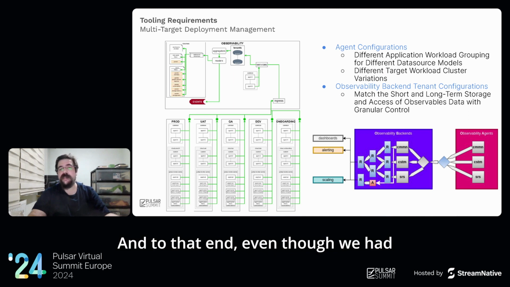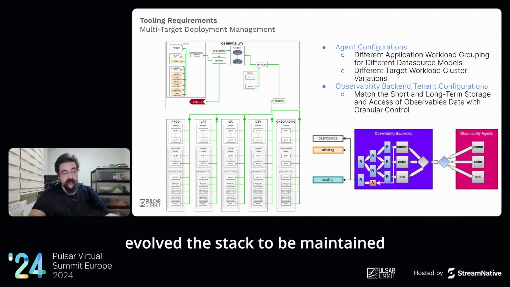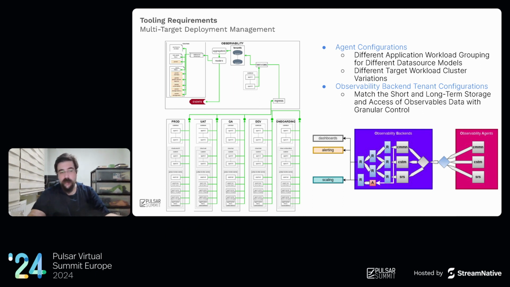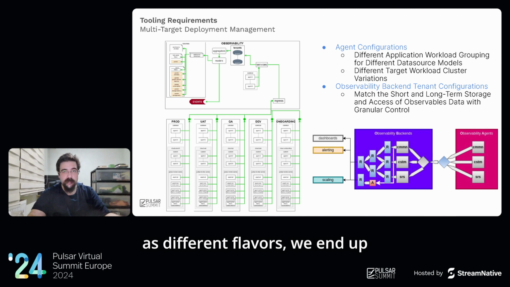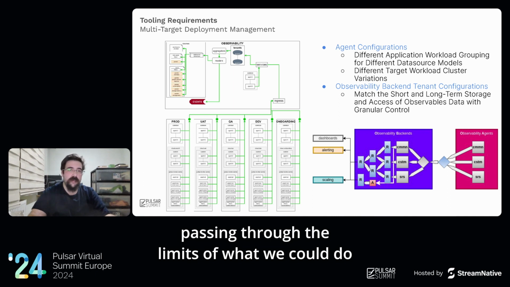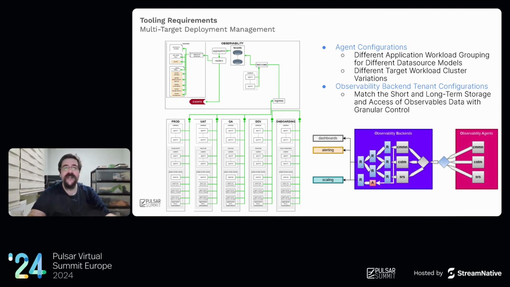And to that end, even though we had evolved the stack to be maintained as a Helm chart that we could deploy through Argo as its different flavors, we ended up passing through the limits of what we could do with the Go templates.